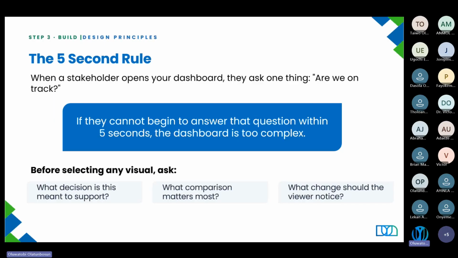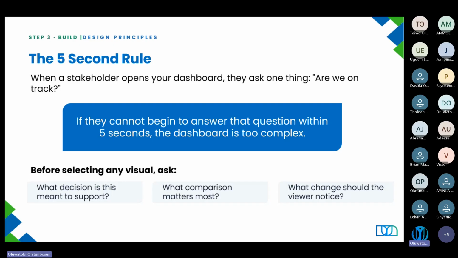So the first screen should communicate status, the basic information that they need. Before selecting any visual, ask yourself: what decision is the dashboard I'm building going to support? What comparison matters most?